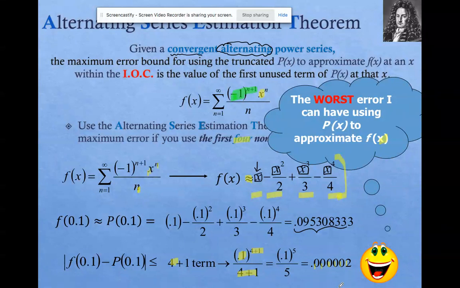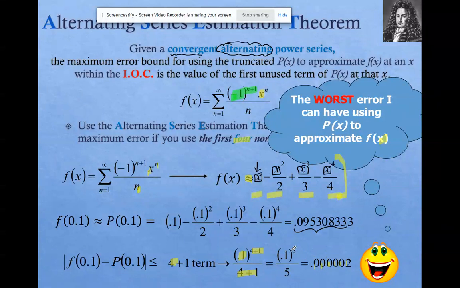Pretty freaking good. So if you think about this, in the last video we talked about the idea of conditional and absolute convergence. Well, the reason with an alternating series that the worst error you can have is the value of the next term is that everything after that, you add a smaller number, then subtract a smaller number, add an even smaller number, subtract.